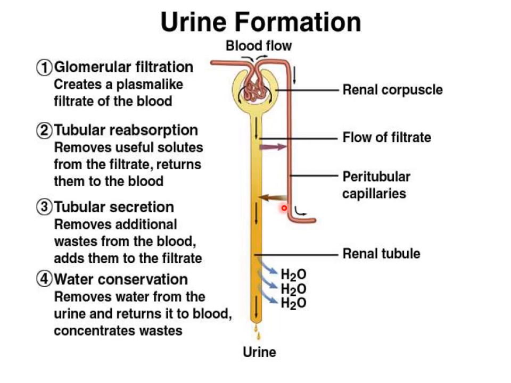Tubular secretion is the process by which additional substances are added into the filtrate, removing additional waste from the blood and adding it to the filtrate. Then comes the last part, water conservation, which removes water from the urine and returns it to the blood. So it is the process by which water conservation takes place, and the urine will be concentrated here.